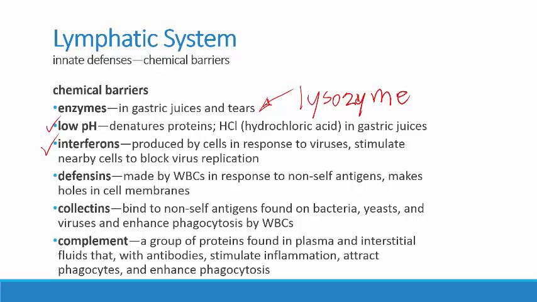So if one of the neighboring cells happens to be invaded by a virus, it would be harder for the virus to take over the machinery to begin making all the components of the virus, which is what happens inside a cell that's been infected by a virus. So interferons are chemicals that prevent viral replication.